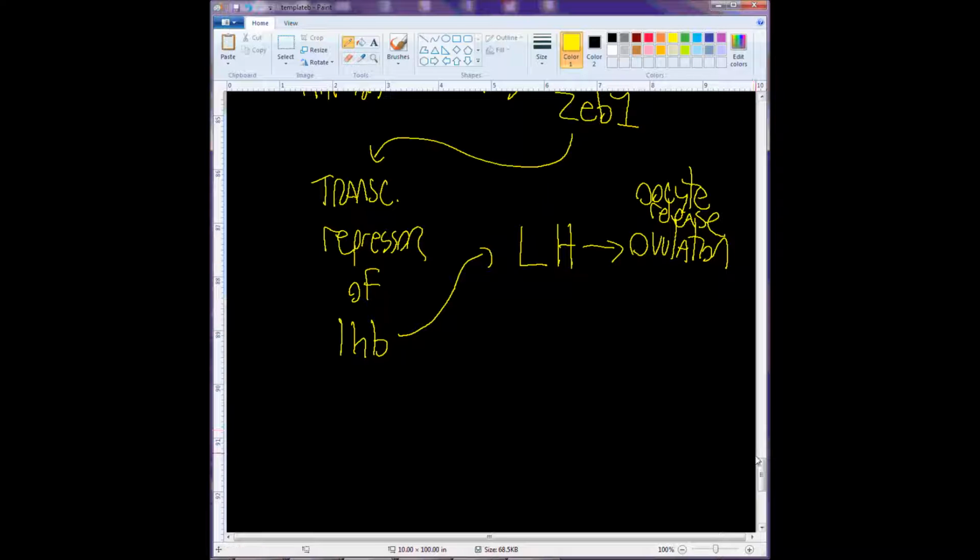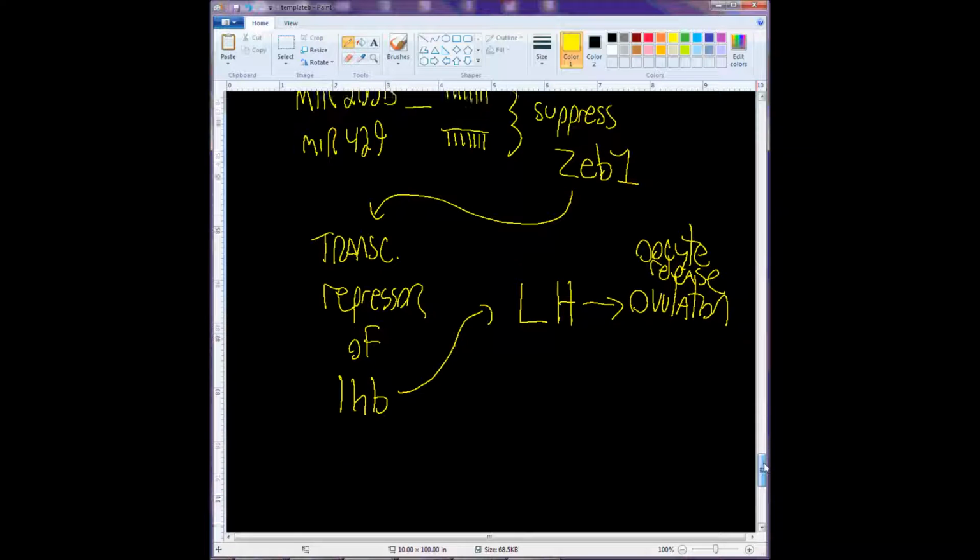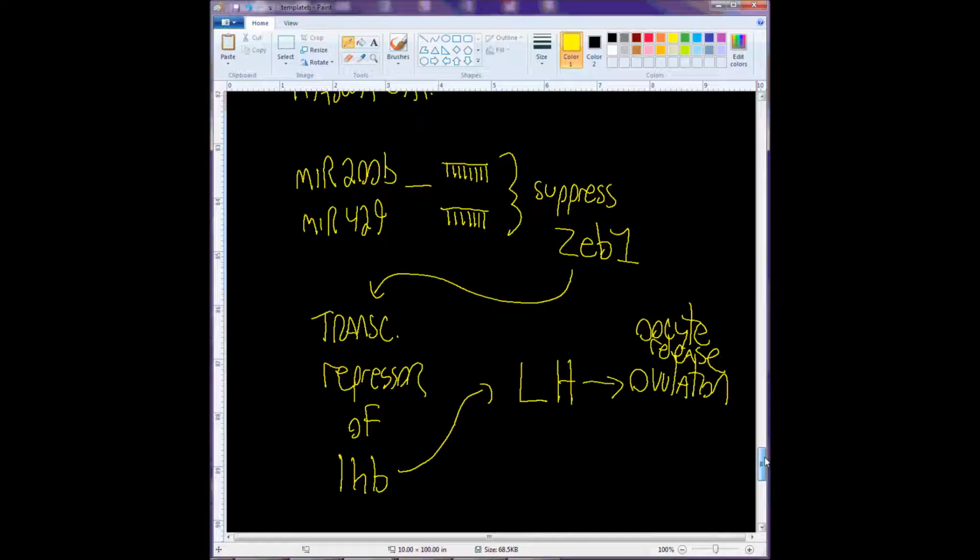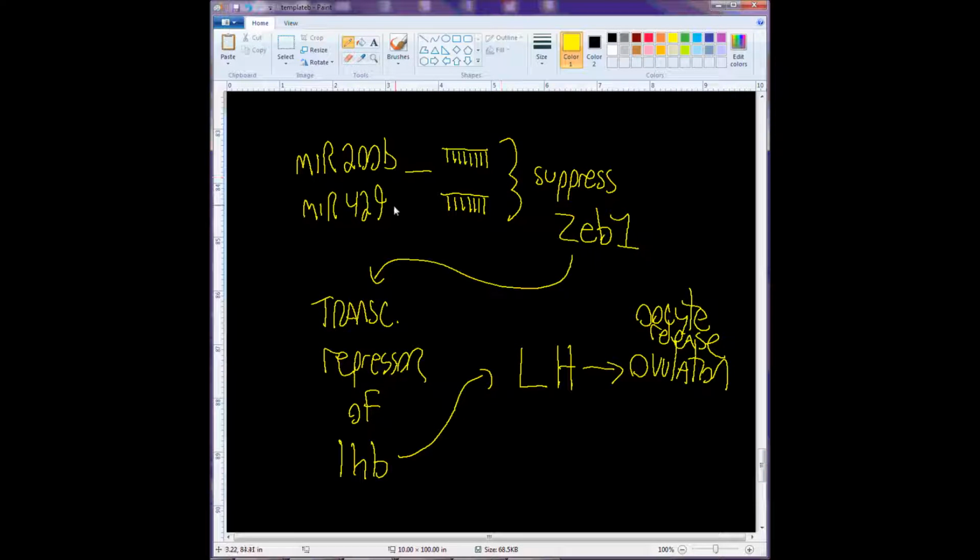Okay, so what appears to happen in female mice is that wherever luteinizing hormone is made, by those cells, wherever those cells are, I think it might be in the pituitary gland, but that's not important, the miR200B and miR429 genes are expressed.